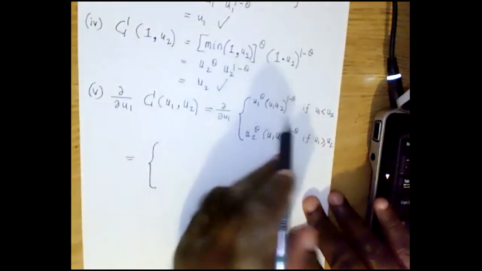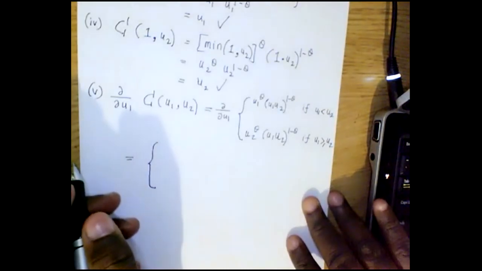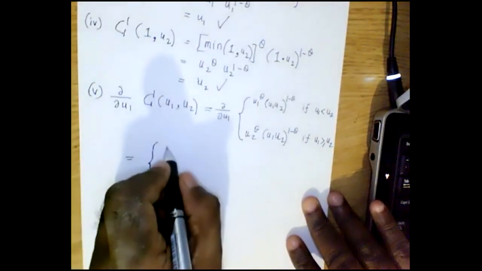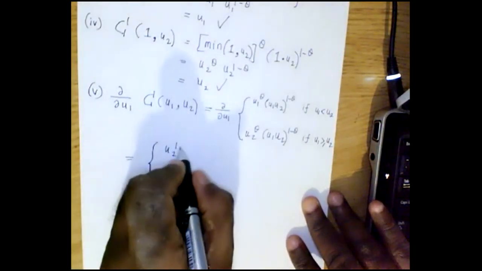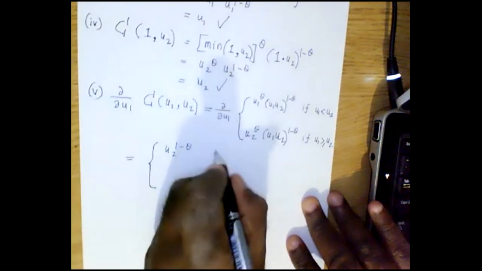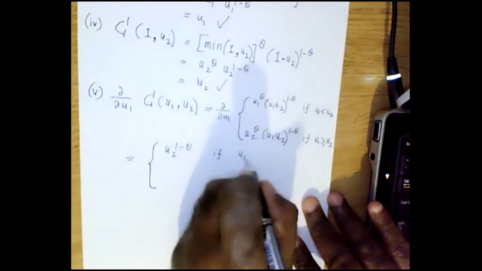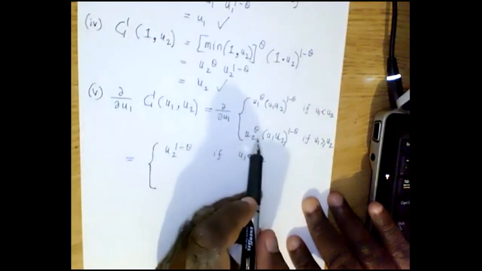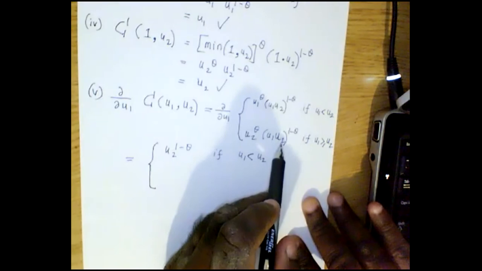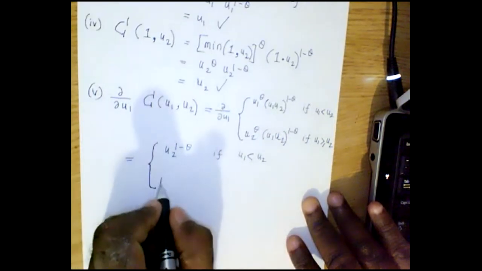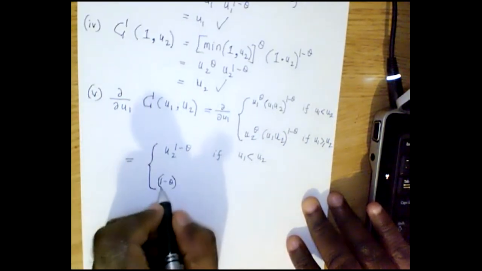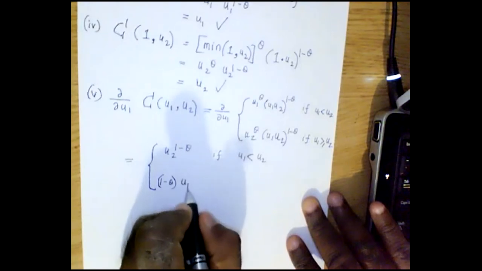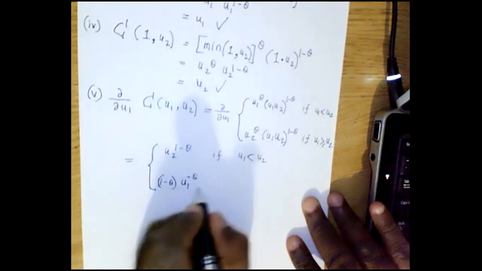So if you differentiate this with respect to u1, you will get u2 power 1 minus theta, right? Now, if you differentiate this with respect to u1, you will get 1 minus theta times u1 power minus theta times u2.